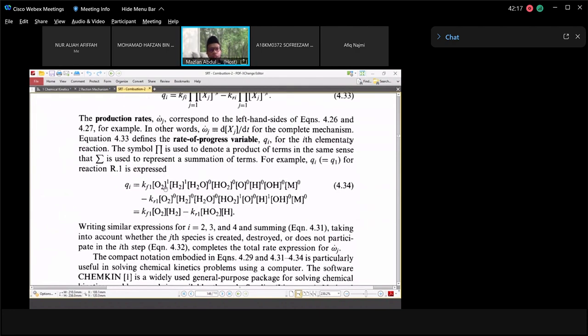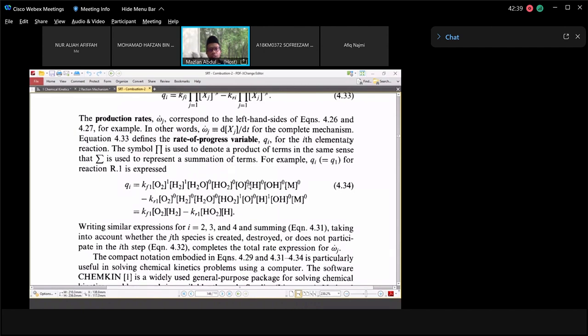So O2 and H2 are to the power of 1, which means they are maintained, but the rest are to the power of 0. They have 8 species, written together. For each other species not involved in the first reaction, just put the power of 0, so it does not matter.